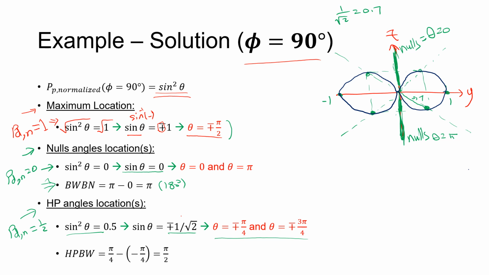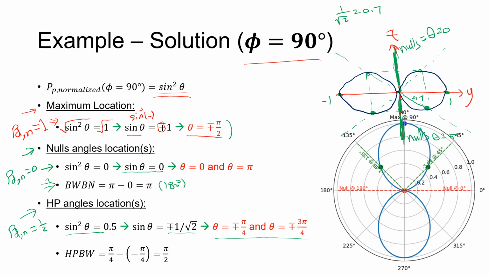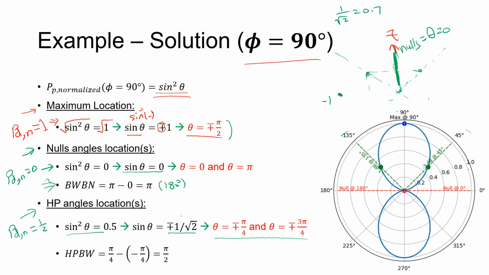And I actually plotted it also with Python, substituting by this sine square theta, but of course here it is a little bit reversed, because you should consider this one is the z axis and this one is the y axis.